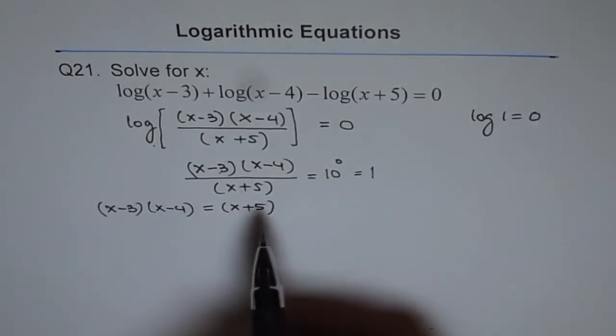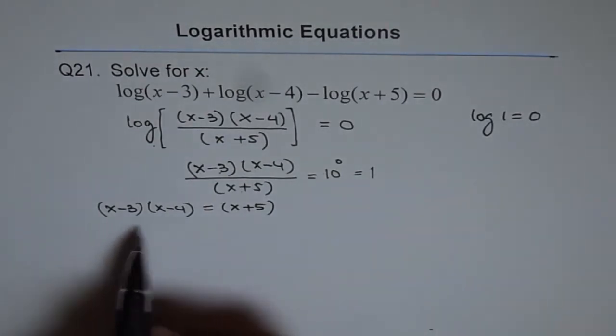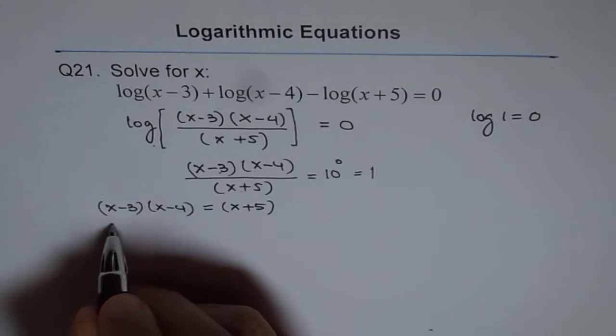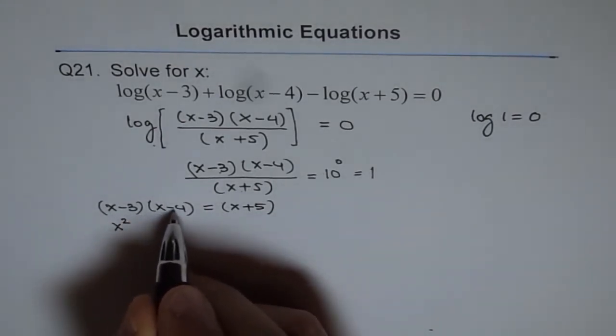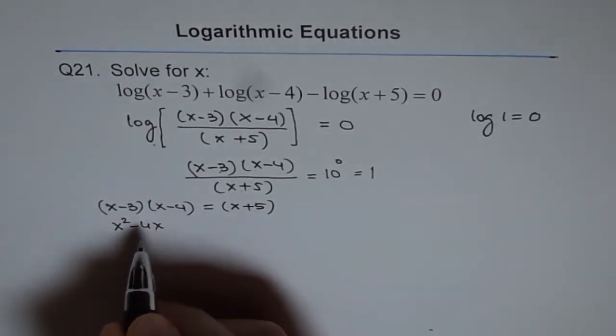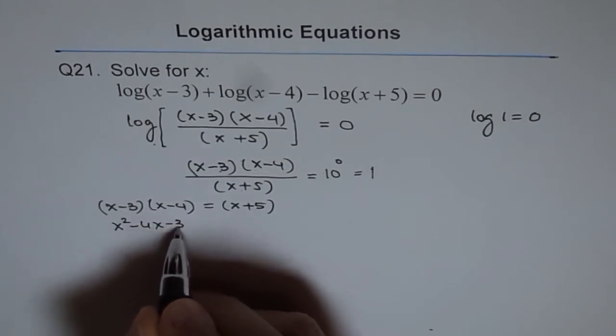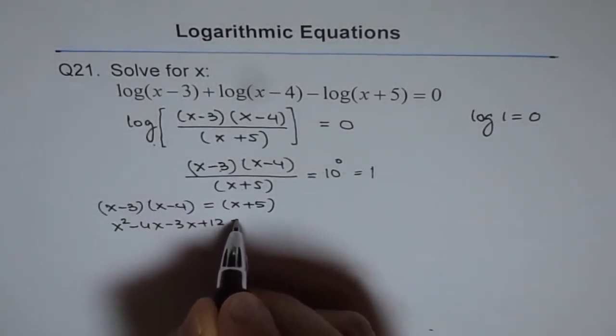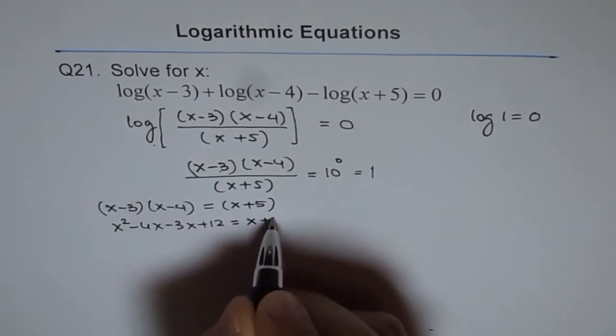So we cross multiply and we get that. It's basically a quadratic equation. We'll expand this and we get x times x is x squared, then minus 4x and minus 3x, and that gives me plus 12 equals x + 5.